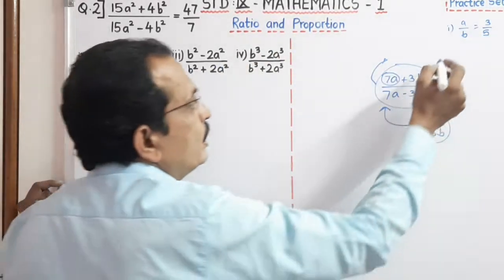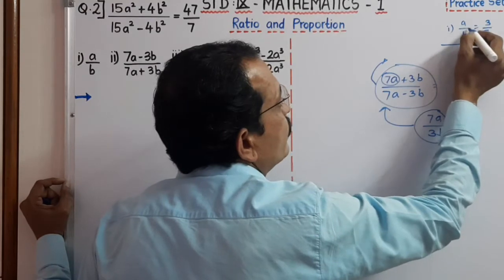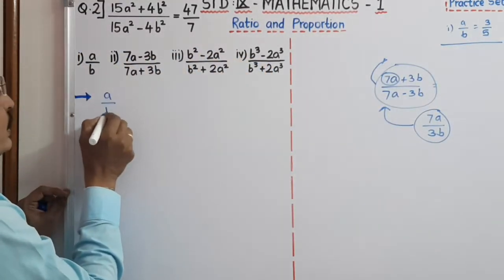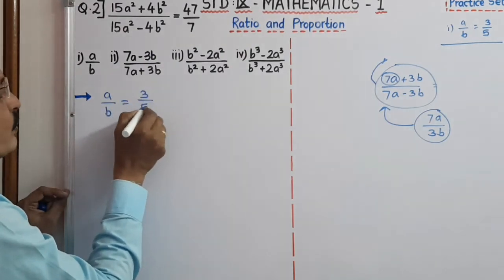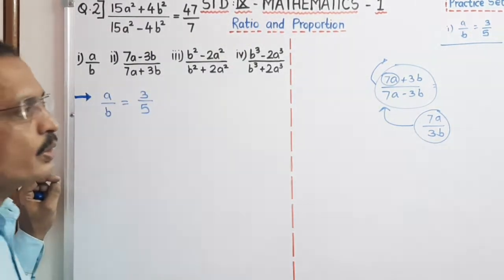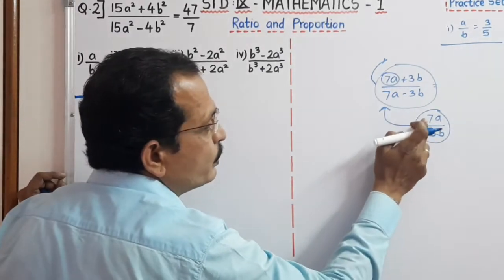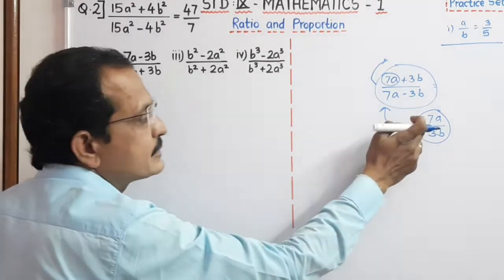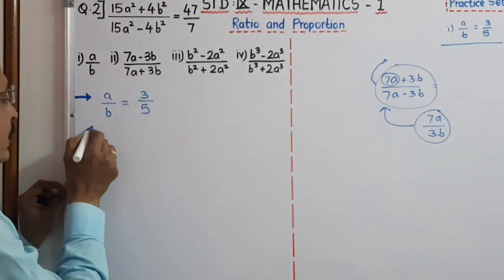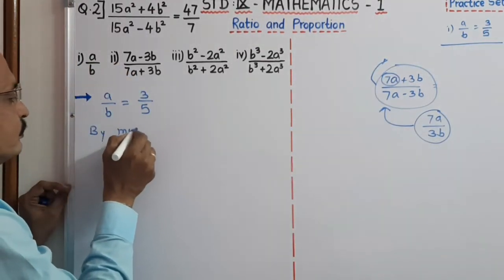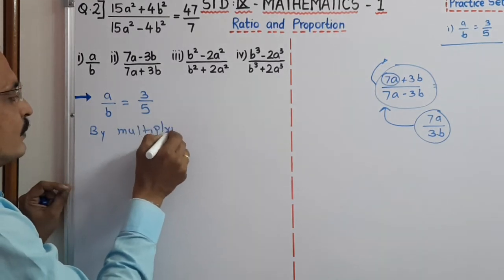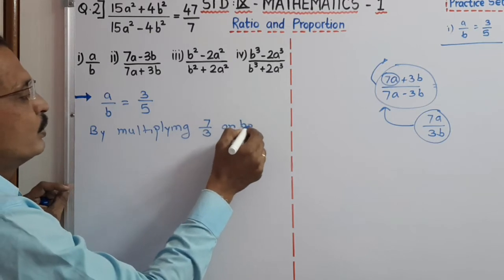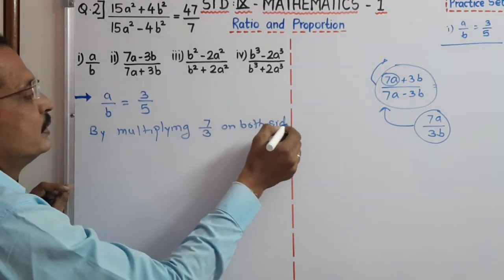Dear student, just now we found a upon b is equal to 3 upon 5. Therefore, a upon b is equal to 3 upon 5. We know this. Now for getting this, what do we have to do? We have to multiply this ratio by 7 upon 3. Therefore, by multiplying 7 upon 3 on both sides.